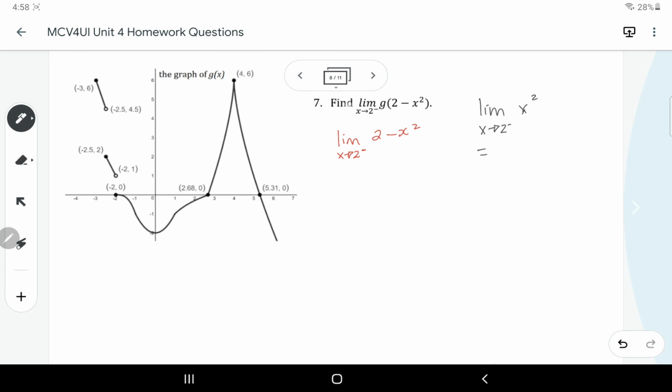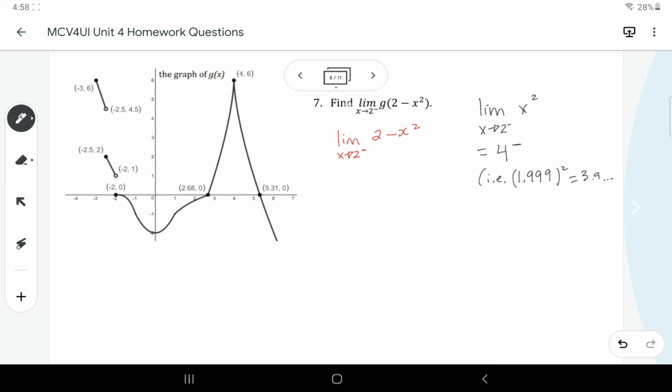The limit of that approaches 4, but it's from below. Imagine you had 1.999 squared. It would be close to 4, but it would be like 3.9-something, right? It wouldn't be quite 4. It would be a little bit less than 4.